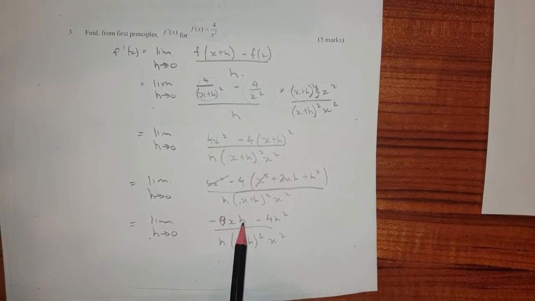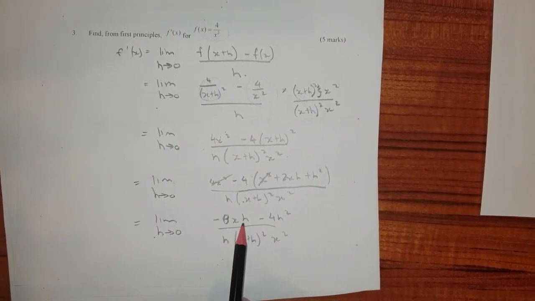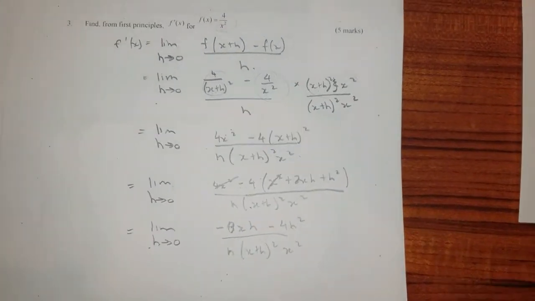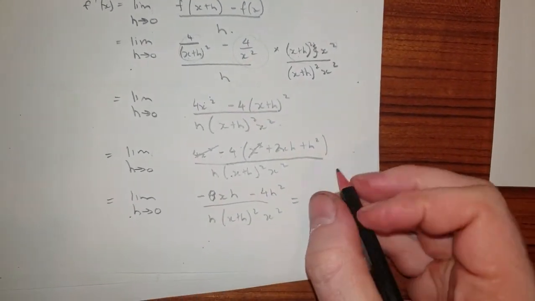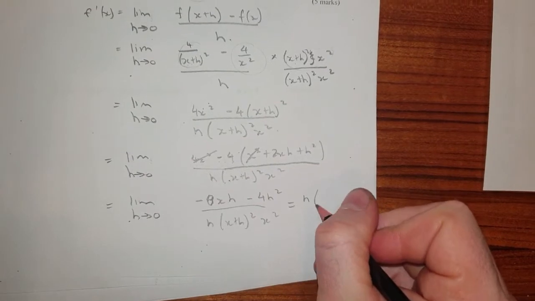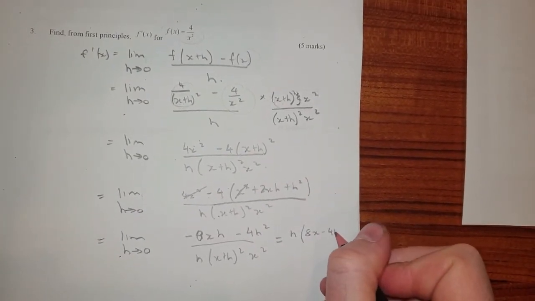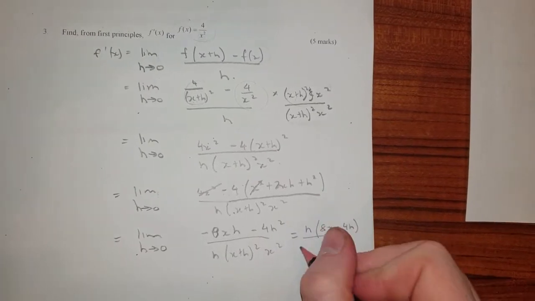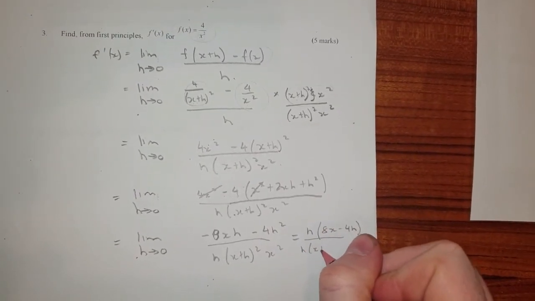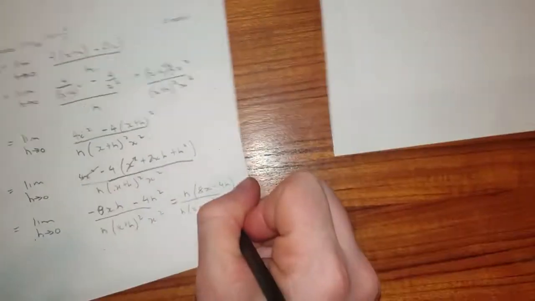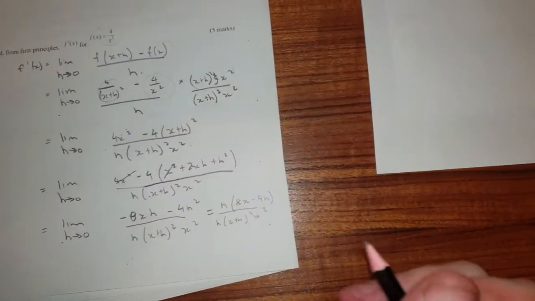Okay, now I can see that both terms here have a factor of h in it. So I can rewrite this, taking a factor of h out, and I'm left with 8x take 4h over x plus h squared x squared.